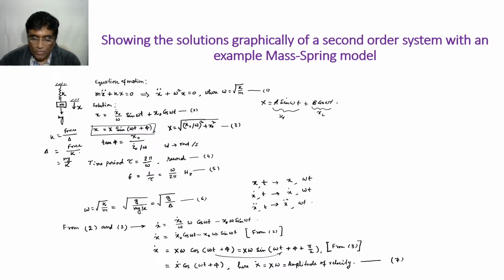So this equals x dot cosine omega t plus phi. If I put x dot equals x omega, we call this the amplitude of velocity. So velocity equals amplitude of velocity times cosine of that term. If I consider this as displacement versus t, velocity versus t is leading by pi by 2 or 90 degrees.